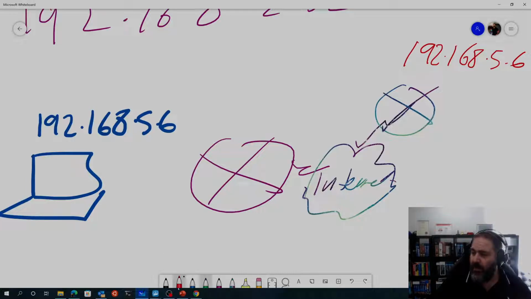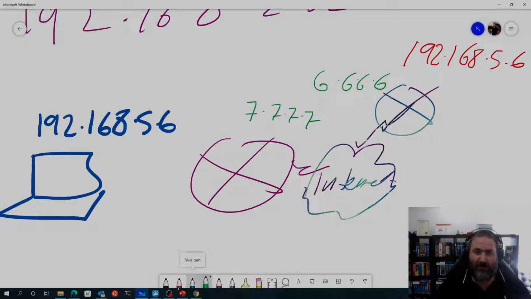But what's happening here is that our public IP address is different. Maybe it's 7. I'm just making this up, don't worry, it's not real. This one is 6.6.6. So what happens, at a very basic level, is we're going to translate this private.